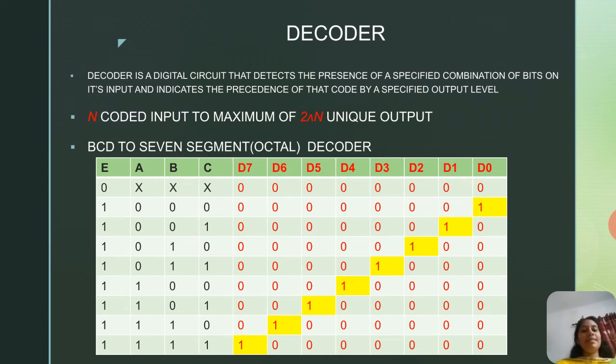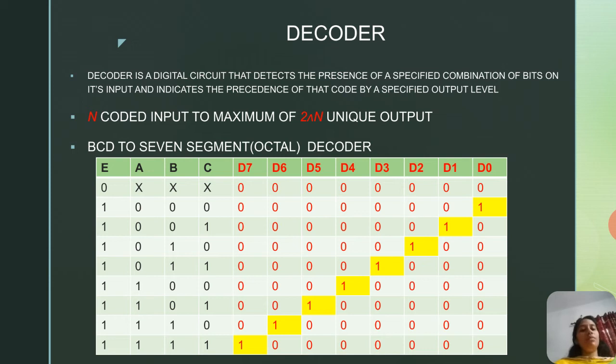You can consider a circuit which has E, A, B, C as inputs. E is nothing but the enable bit. If you are enabling the circuit, then only it will work. If you are not enabling, that is giving 0 as E, then irrespective of your input, the result will be 0. So first of all, you have to enable the bit E, that is making E as 1.